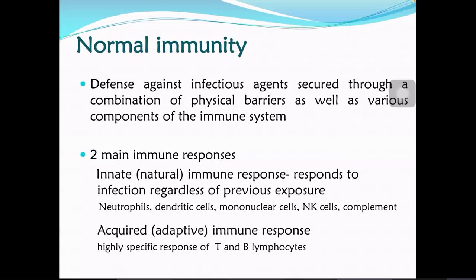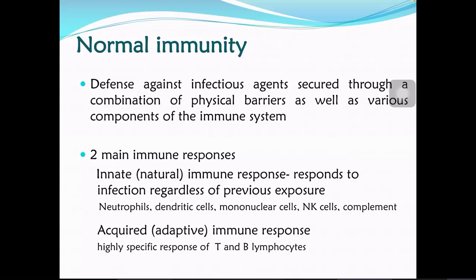So in the first instance itself, it is the innate immune response that will come to the front line. There are many cells involved with the innate immune response. You probably know that neutrophils, dendritic cells, mononuclear cells, natural killer cells are involved, and so is the complement.